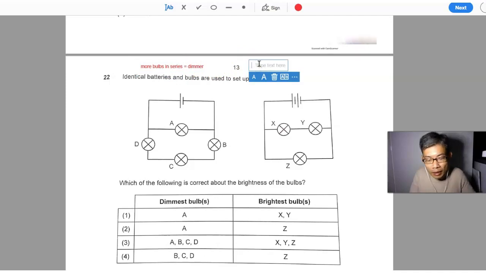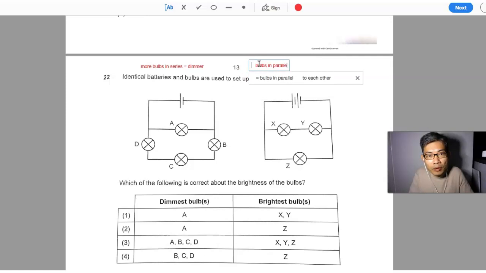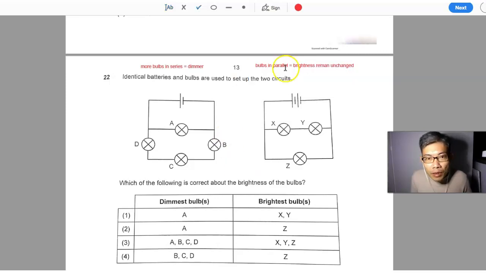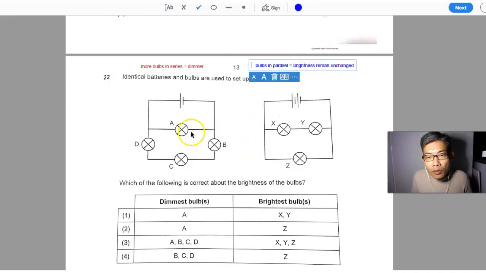And when there are bulbs in parallel, the brightness remains unchanged. Okay, same brightness. So let's change this color to blue for parallel. So I will say that therefore A and C are in parallel.